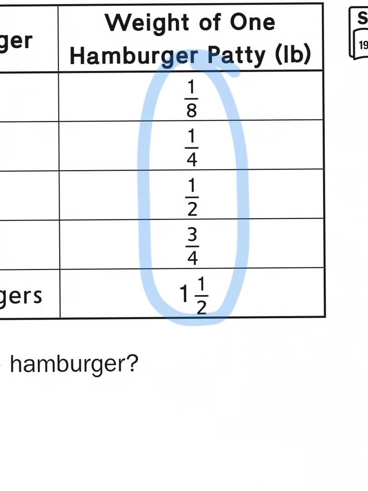So in order for us to first solve this problem, we need to convert all of the fractions to like denominators. Upon closer inspection, you can see that all the denominators are even numbers, which means that 4 and 8 are both multiples of 2, and that 8 is also a multiple of 4.